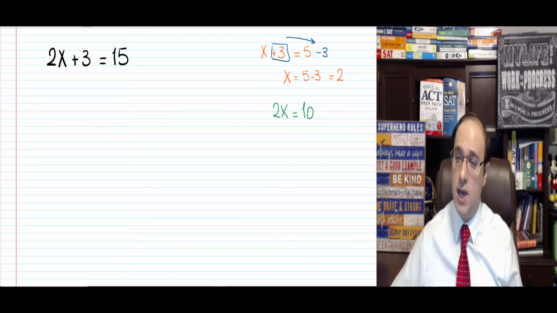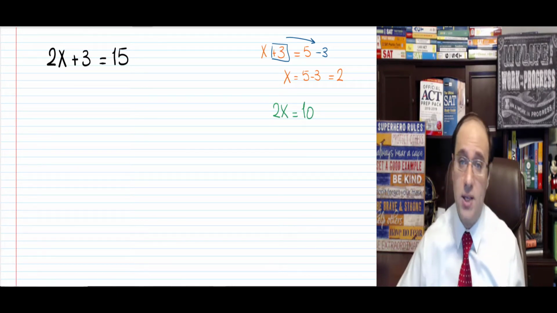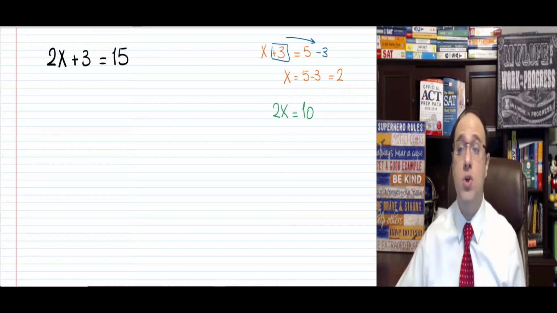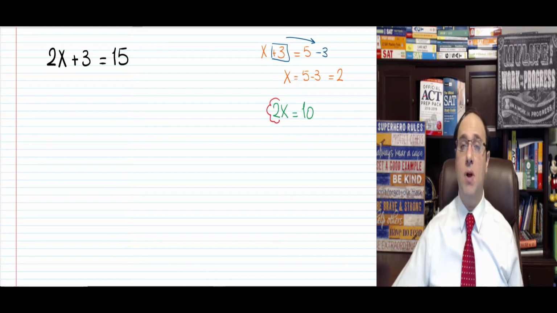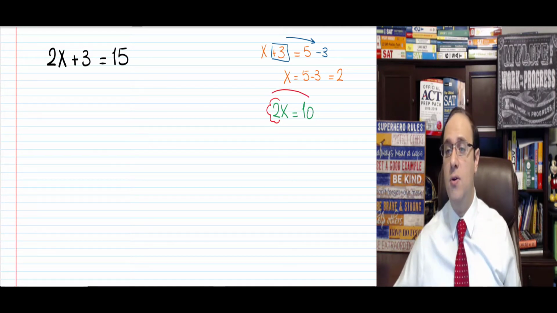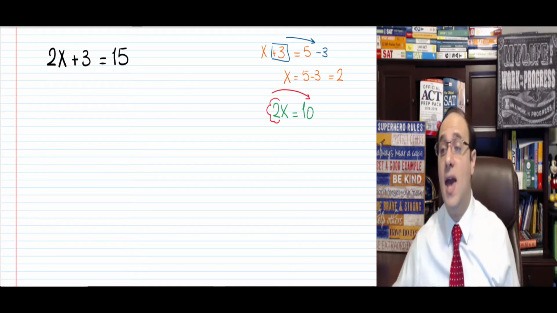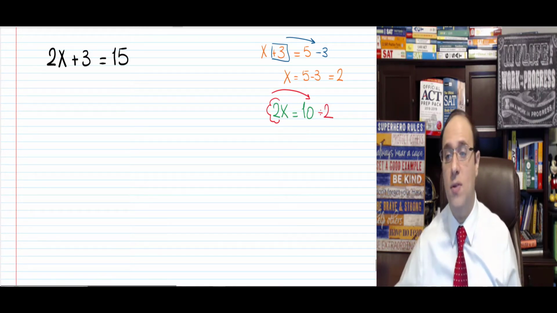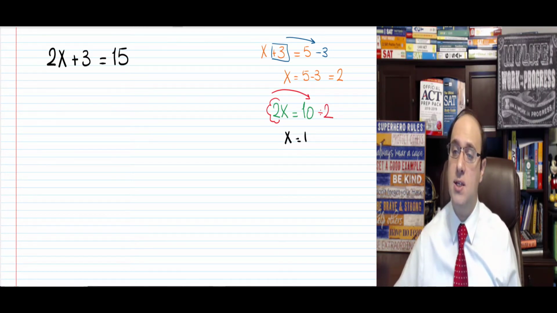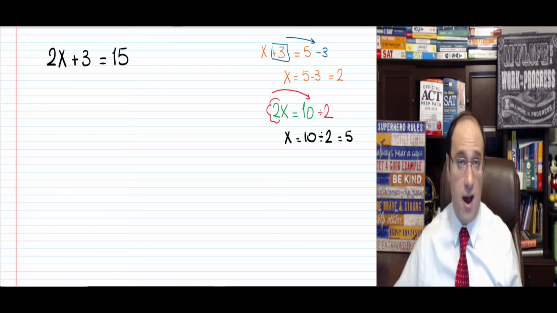We also learned how to answer a question like this: 2x equals 10. We said that 2x means 2 times x, which means x times 2. So the 2 right here is multiplied. It goes to the other side of the equal sign as divided by 2. So we can rewrite this one as x equals 10 divided by 2, which equals 5.